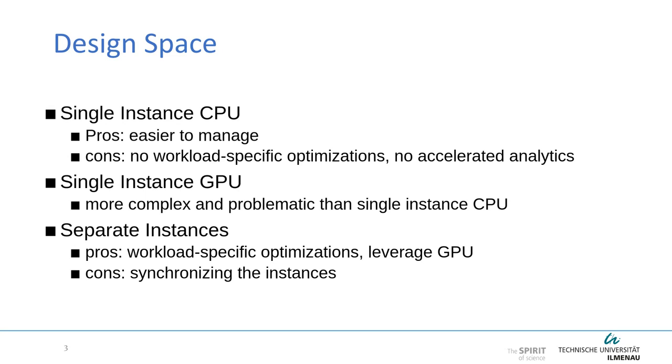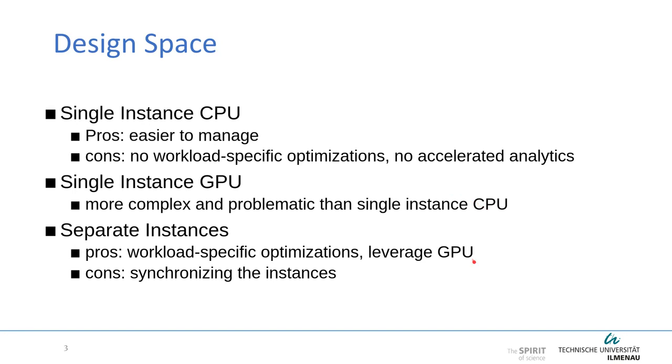And also, we don't have performance interference, unlike having a single instance where you don't have performance isolation. And of course, we get to leverage GPUs for accelerated analytics. The downside is, of course, we have to synchronize between the instances in case of updates.